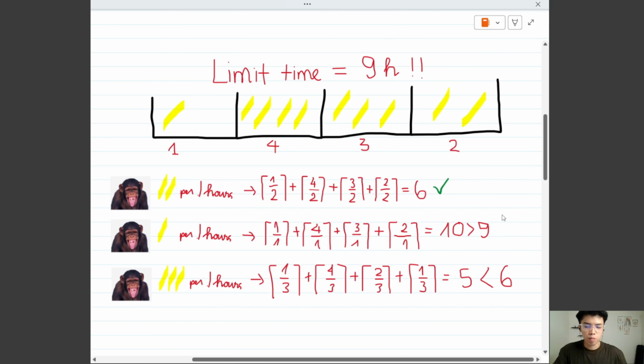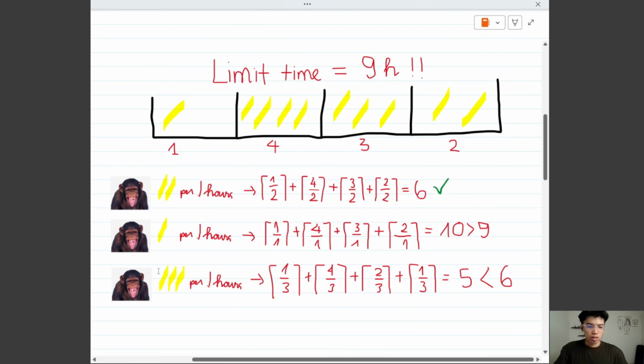And finally, what if we speed up to 3 bananas per hour? The math gives us 1 plus 2 plus 1 plus 1 equals 5. 5 is clearly within the limit, but we want the minimum rate.